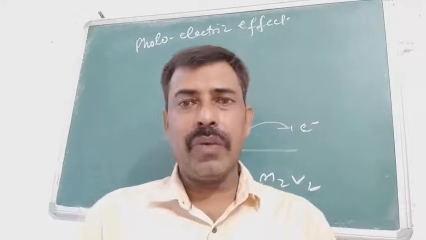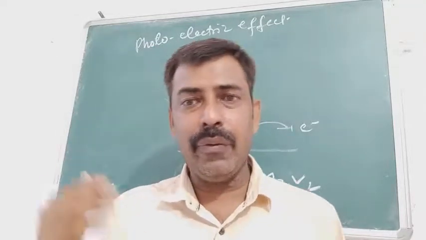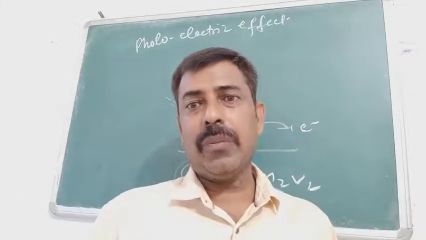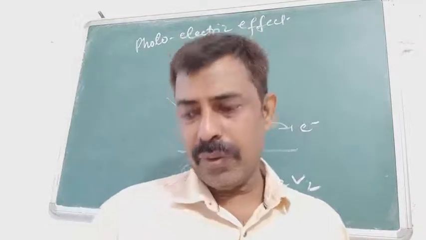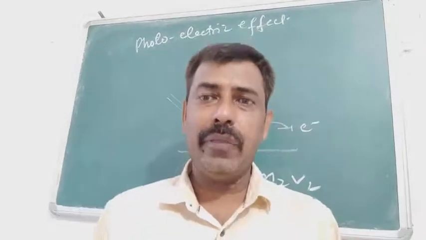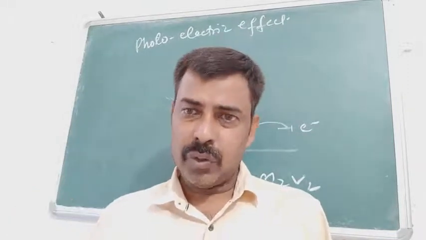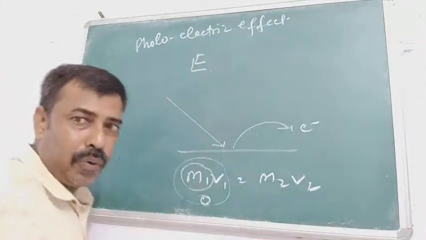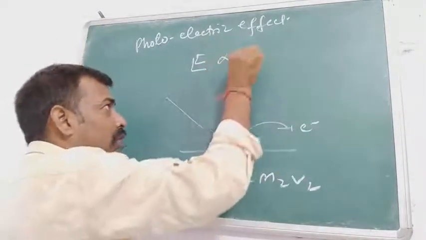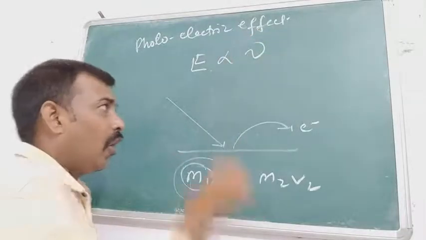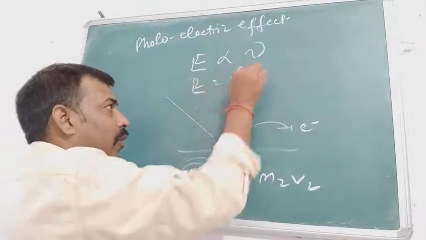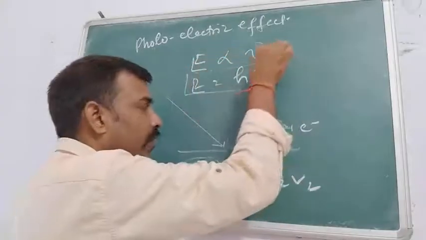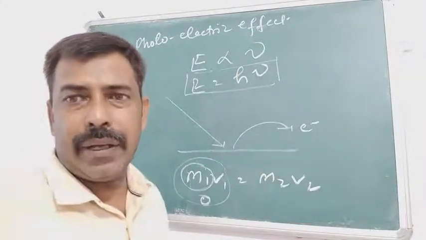These electromagnetic waves are capable of traveling even in the vacuum. They have different energy values which depend upon the frequency as well as the wavelength. So according to this, energy of a wave for any photon E is proportional to frequency nu, or you can say that E equal to h nu, for one photon of light.